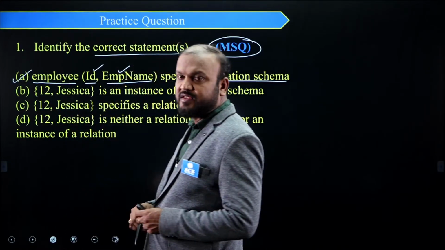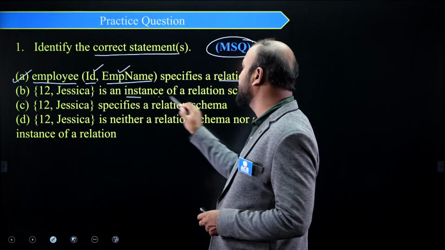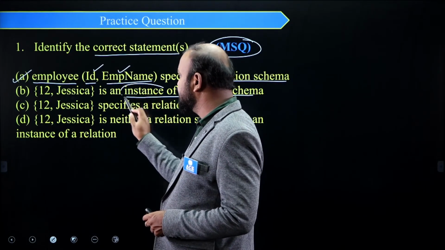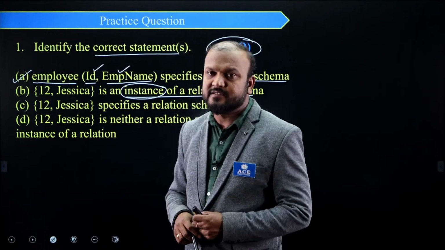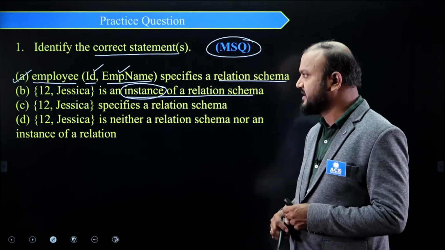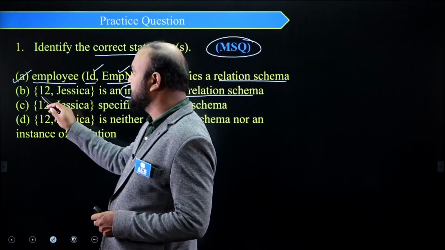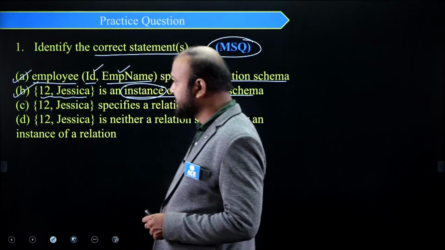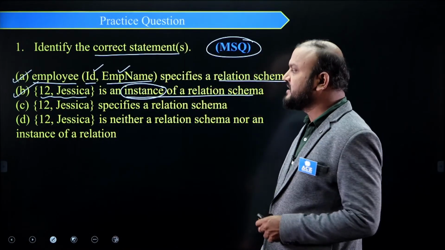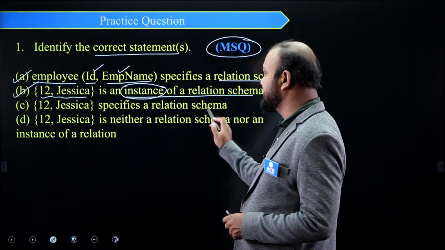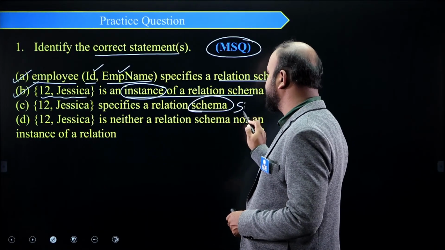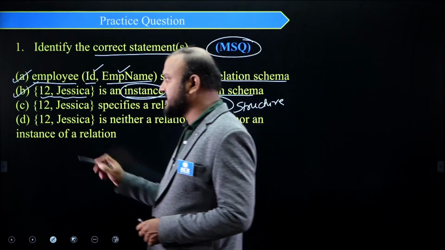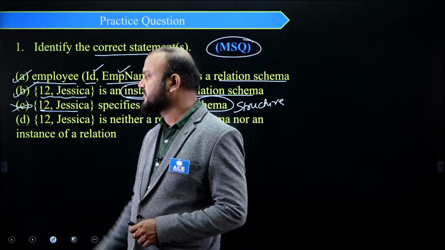12 Jessica is an instance of a relation schema. What is the meaning of instance? A tuple or tuples present in a relation at a particular moment. What is 12 Jessica? Is it a structure? No, it is a tuple. So this is also a correct statement. And look at option C: 12 Jessica specifies a relation schema. Schema should specify a structure, not a tuple, but 12 Jessica is a tuple, so it is incorrect.